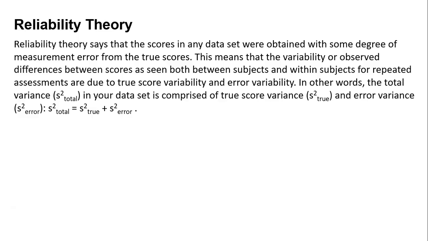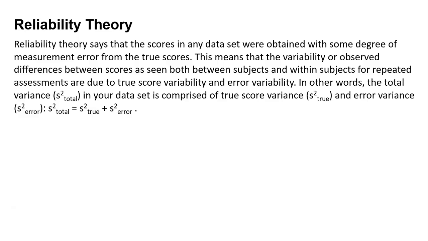This means that the variability or observed differences between scores in your data set, as seen both between subjects and within subjects for repeated assessments, are due to true score variability and error variability.